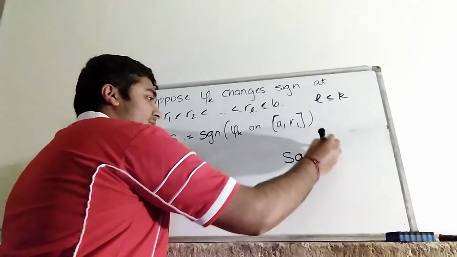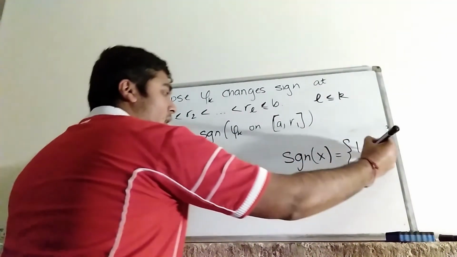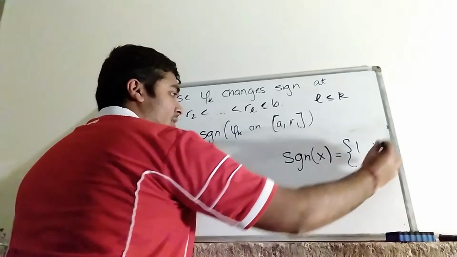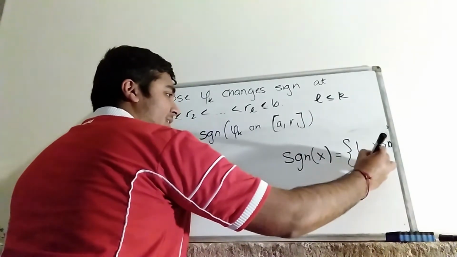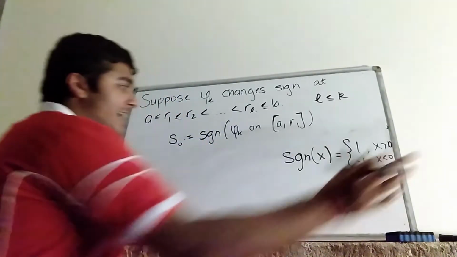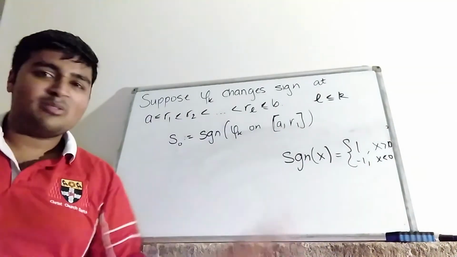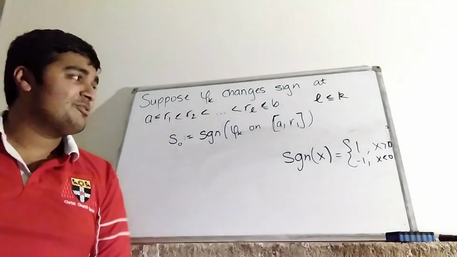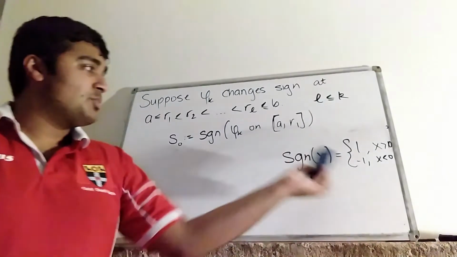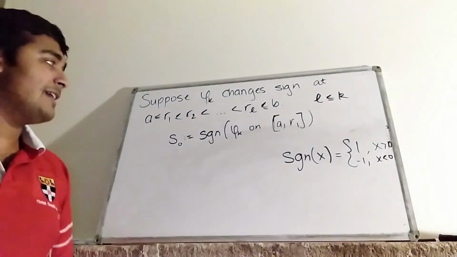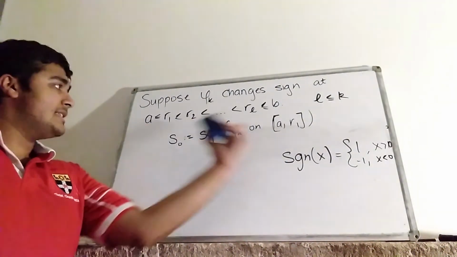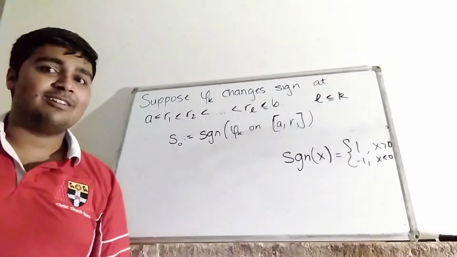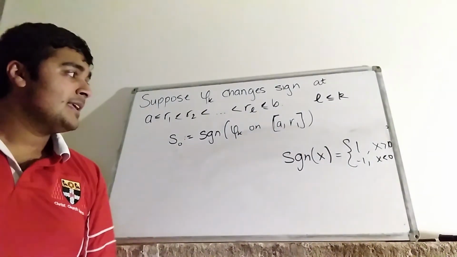We simply say sign of x equals 1 if x is bigger than 0, or minus 1 if x is less than 0. And for now we don't define it at x equals 0. For the purposes of this proof, we don't care. So it's 1 if x is positive and minus 1 if x is negative, and it's well defined on this interval here because phi k has the same sign on this interval here.